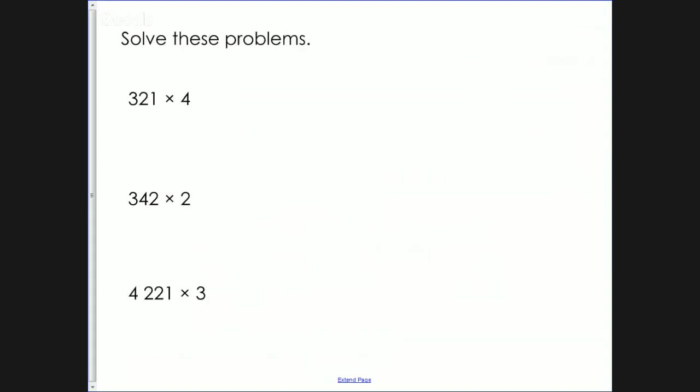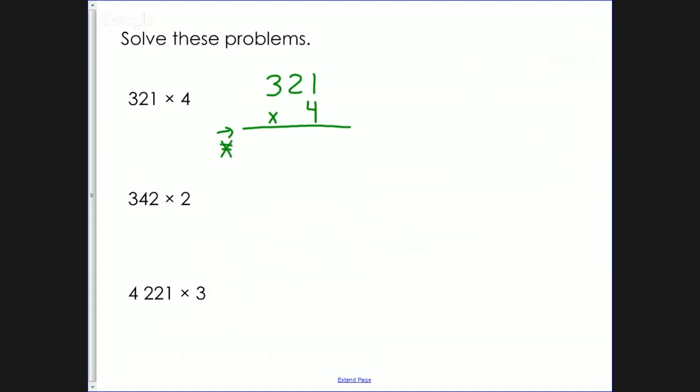So we're going to rewrite some of these questions now in the standard method. So 321 times 4, so 321. We're going to put our 4 in the ones column, multiplication sign. This is actually an equal sign. So this line here, that is your equal sign. You do not need to add an additional equal sign.